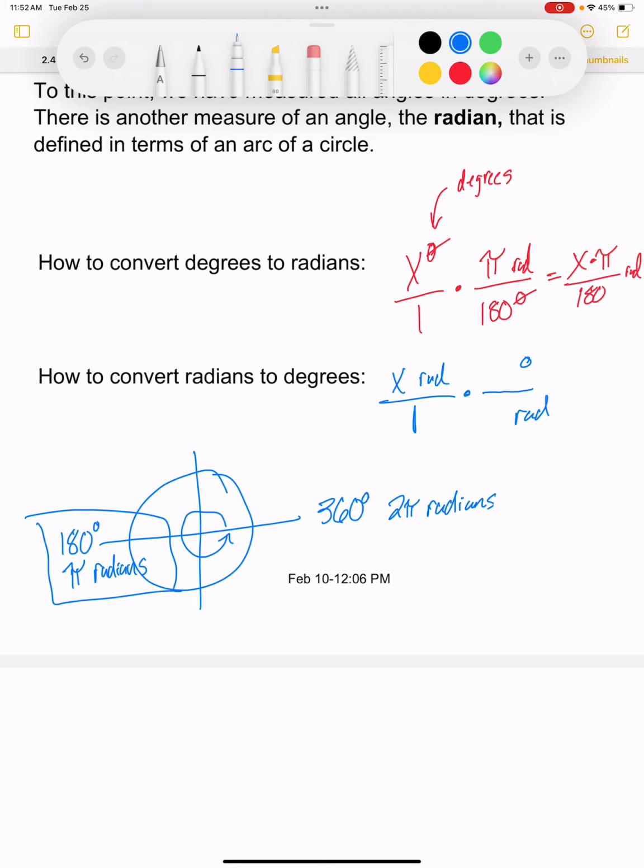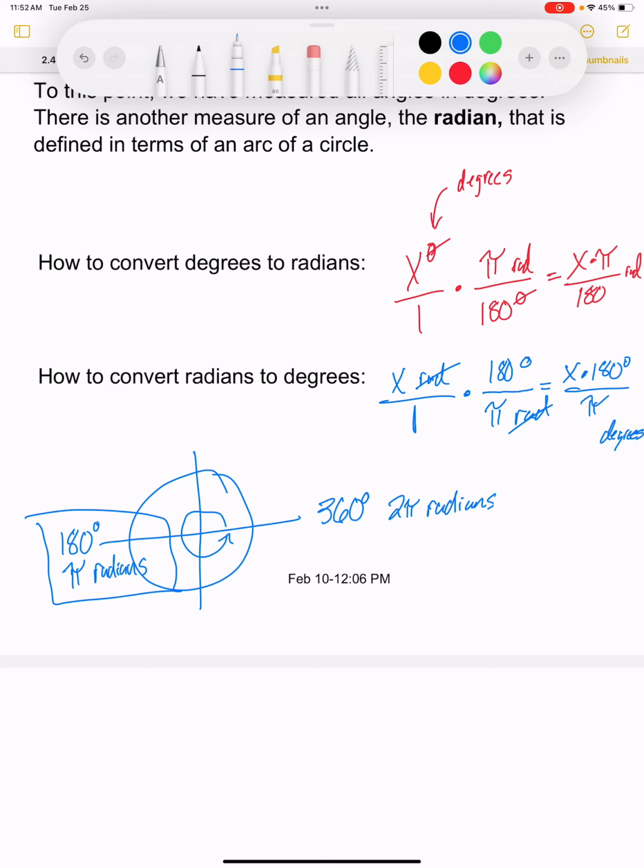I know 180 degrees is equal to pi radians. Now the radians cancel out, and all I'm left with is the degrees. So this would be X times 180 degrees divided by pi. And that would be in degrees.